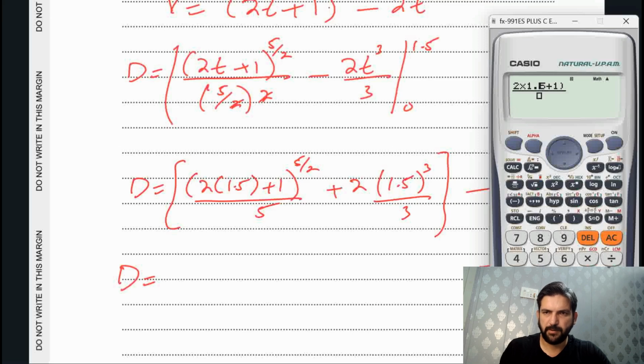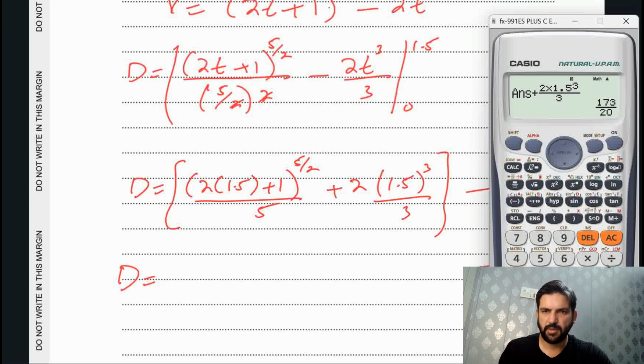Whole power 5 by 2 whole divided by 5 plus fraction 2 into 1.5 whole power 3 divided by 3.